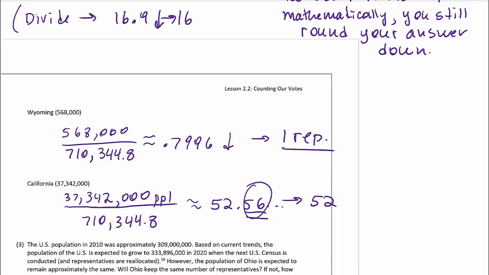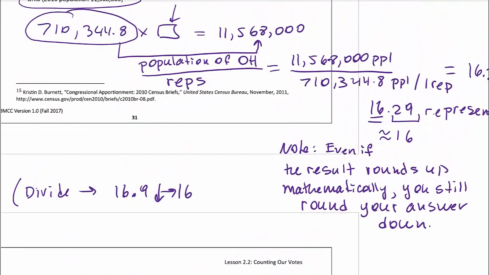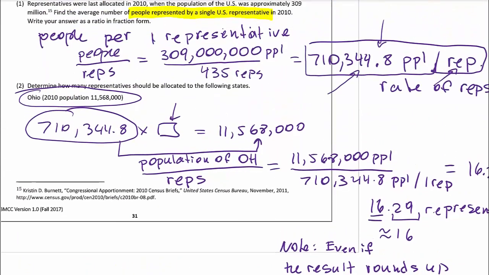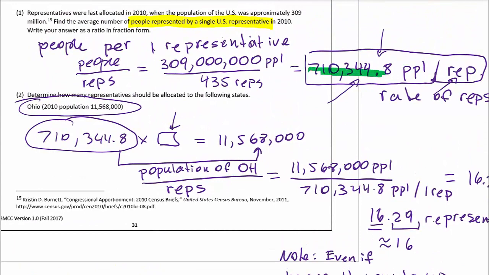But for the purposes of this class, what we want to understand is that this number right here, 710,344, is sometimes called a cookie cutter. When you're cooking, you make dough and then you use little forms to create cookies.